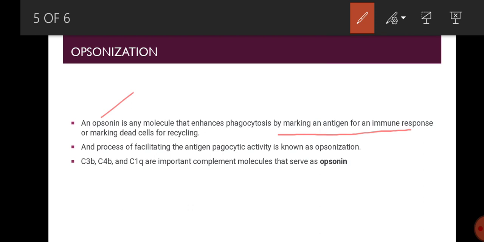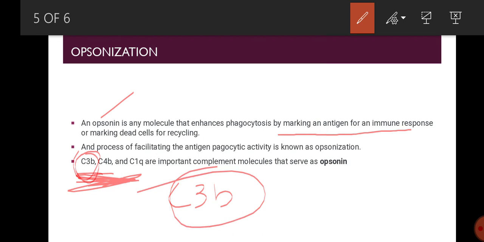So for example, C3b, C4b, and C1q will all cause the activation of the immune system, will provoke our immune system against that antigen with which they are bound, and will attract, most importantly, C3b will cause the attraction of the neutrophils.